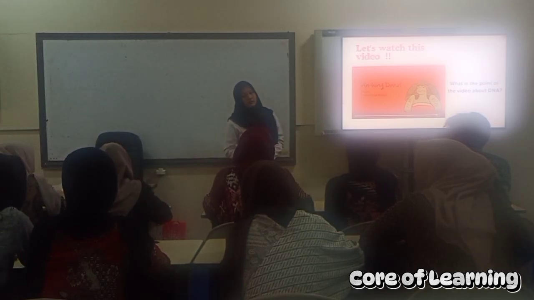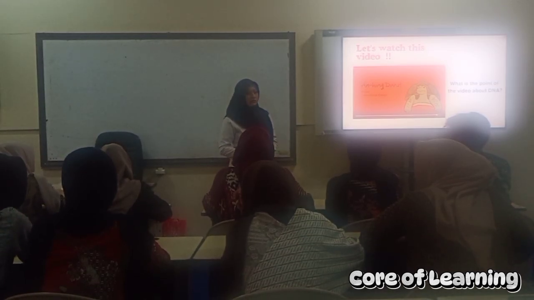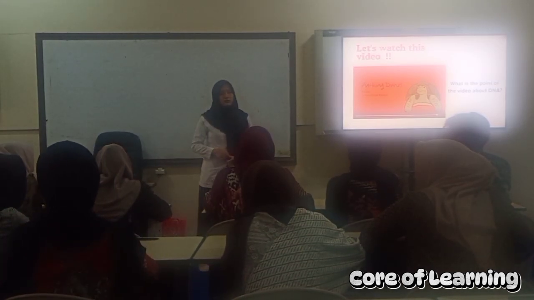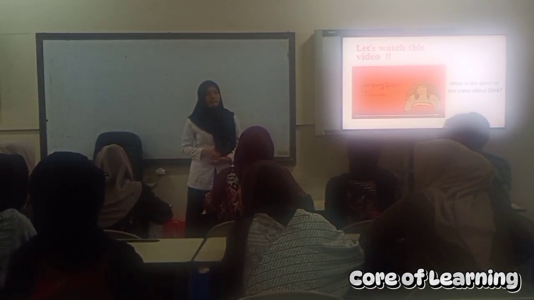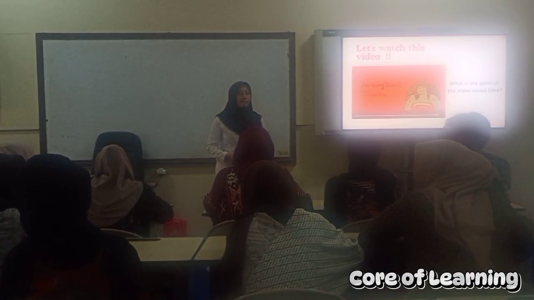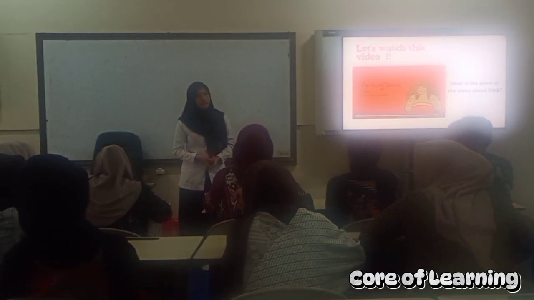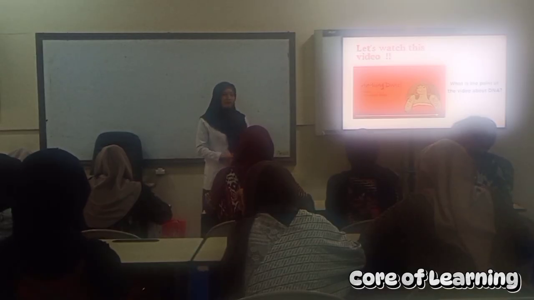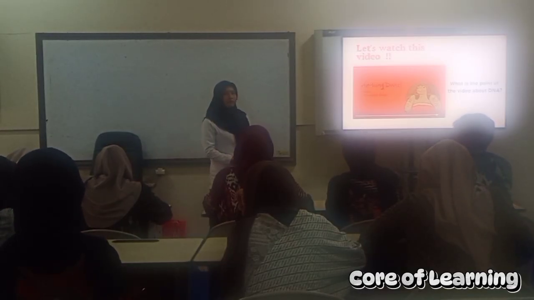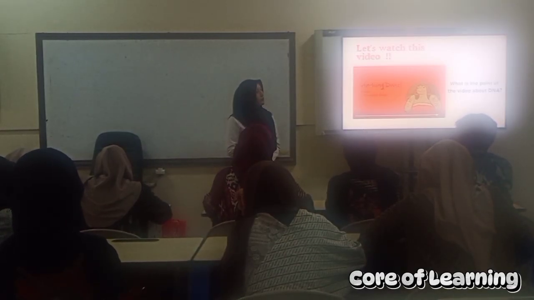DNA is inherited from parents, which explains why it has a unique combination. Using simple analogies like the ladder, the video helps us understand that in the end, DNA is the blueprint of life, essential for heredity and cell function through protein production.